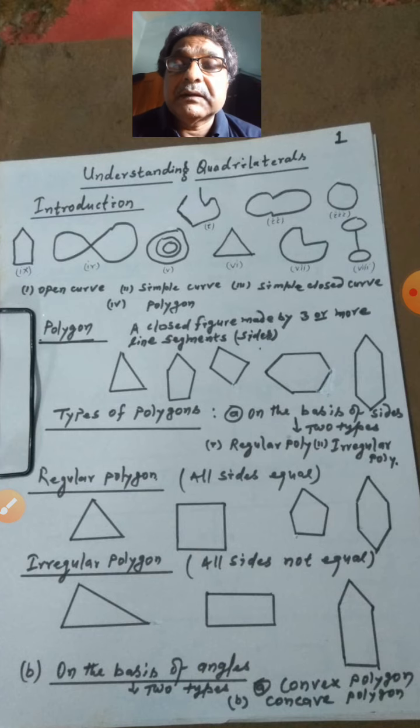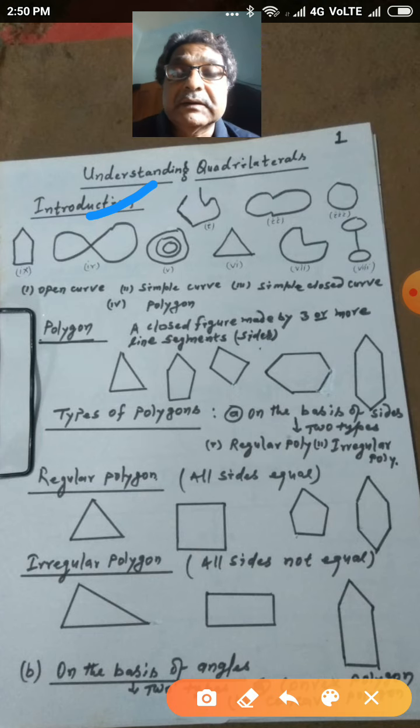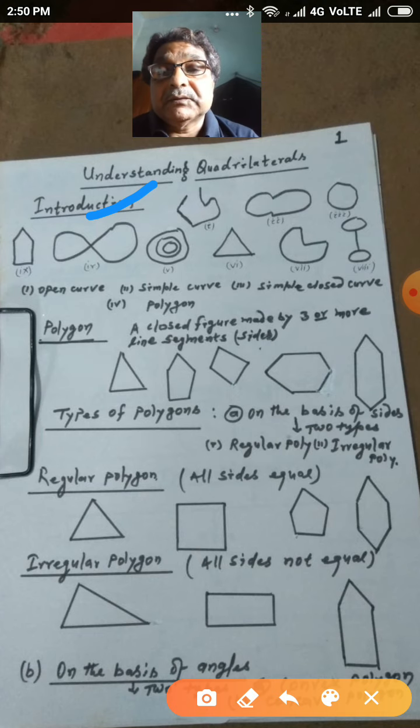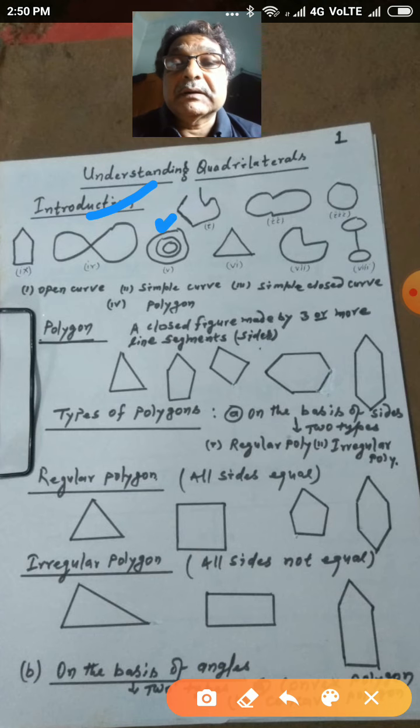But before going in details, first we have a look at these figures shown here. You see, the first figure is made by curved line and it is open. So we say that this is an open curve.